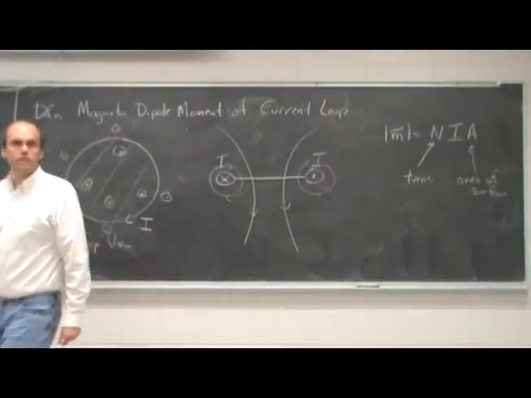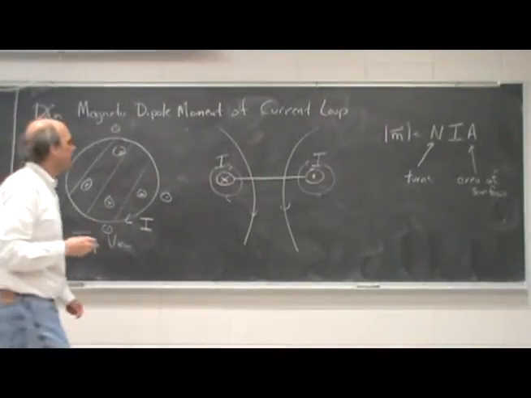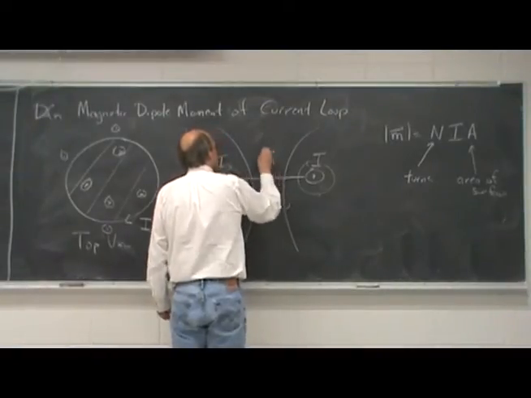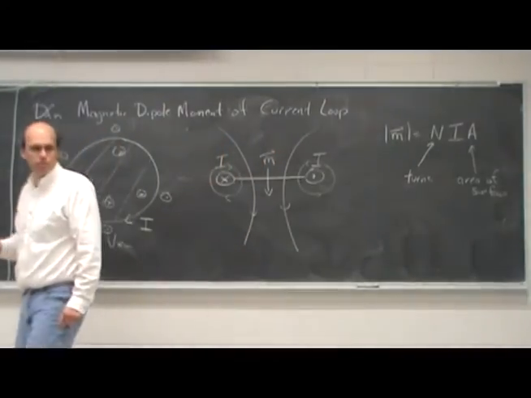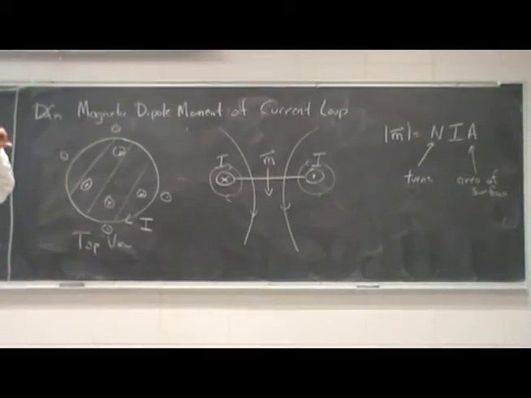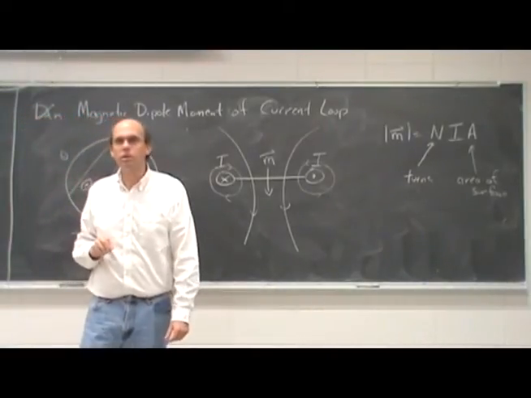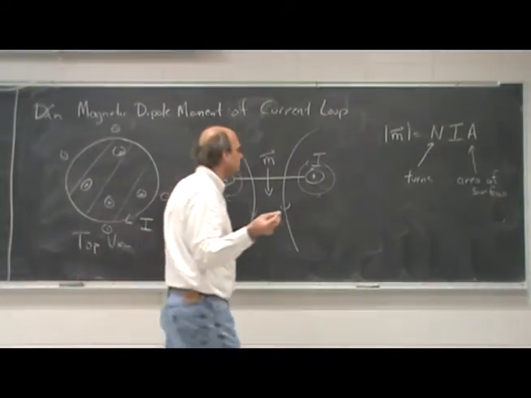Now you can see you get a nice dipole field for this current loop, and the field lines point in the direction of the magnetic moment, so the moment of that loop is pointing down. We also have a right-hand rule for magnetic moment, but I actually strongly prefer just to draw the field and look at it to see the direction of the moment.